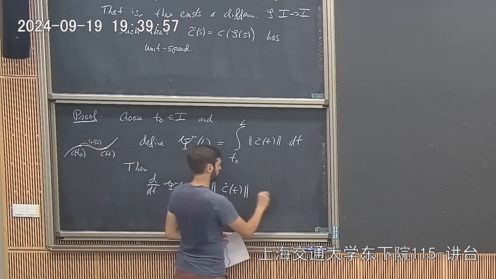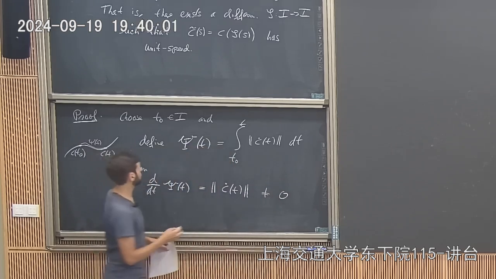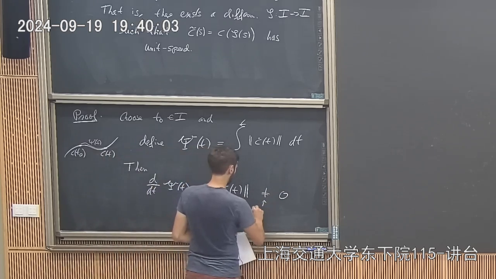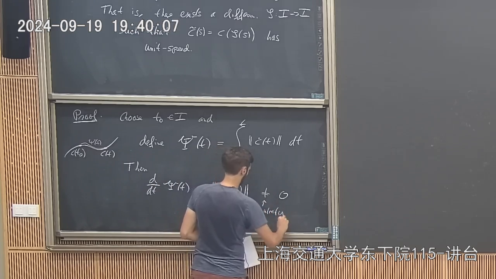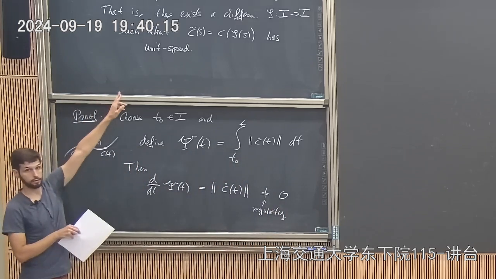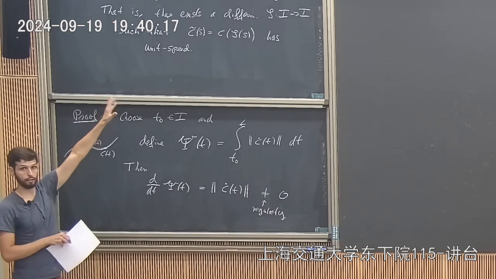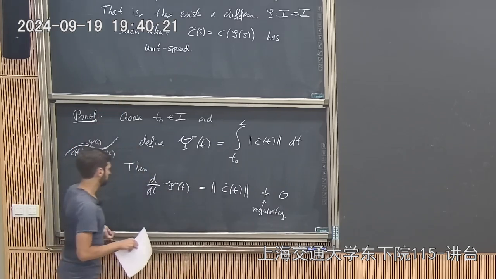And what we know is that this one is never zero, because that's by assumption. By assumption, our curve was regular. So that's where we use the regularity, that the velocity is never zero.